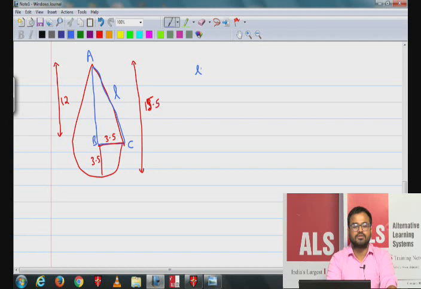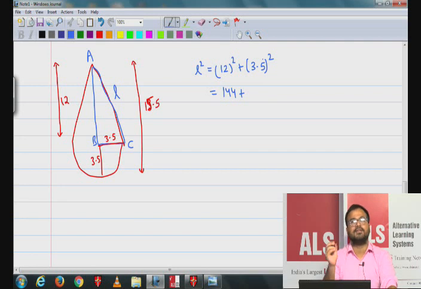So, using Pythagoras theorem, you can say L square is equal to height square, which is 12 square, plus 3.5 square, right. So, 12 square is 144 and 3.5 square, if you remember, I have told you for the numbers which end in 5, the squaring is very easy.